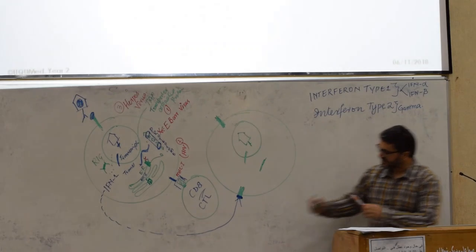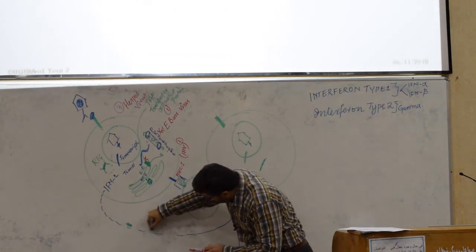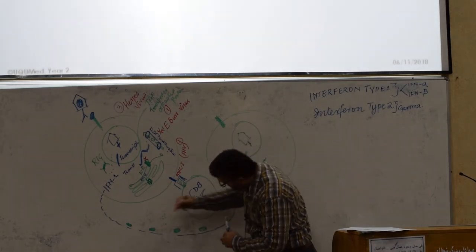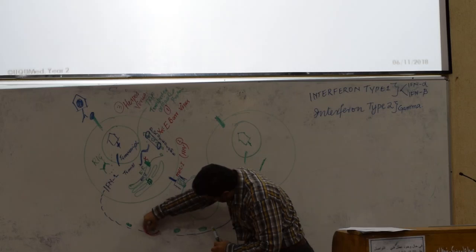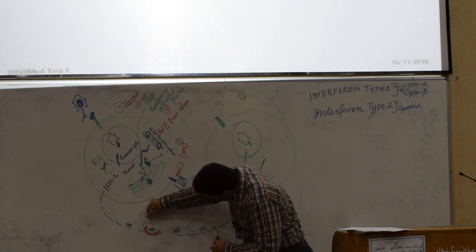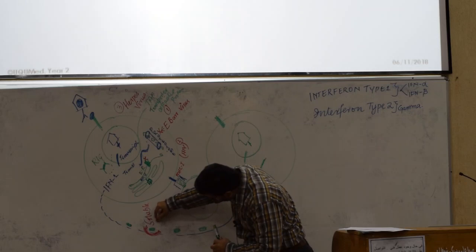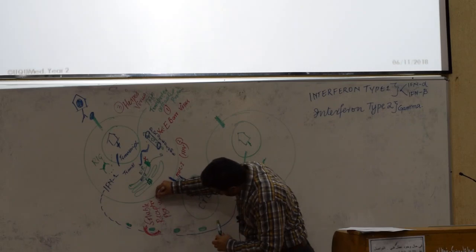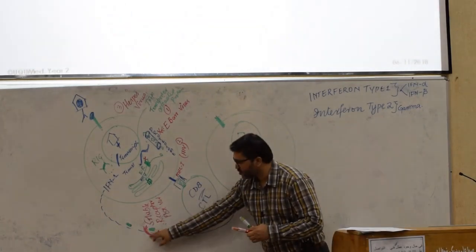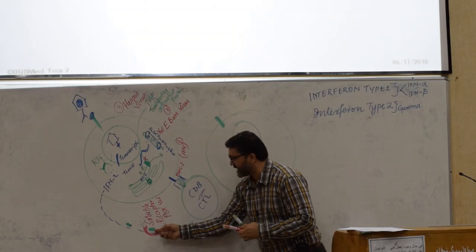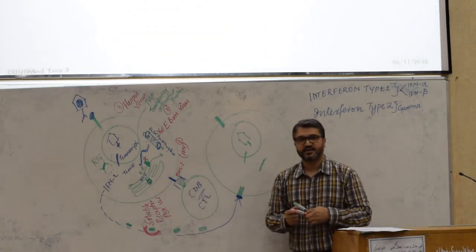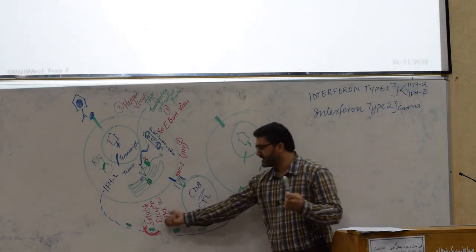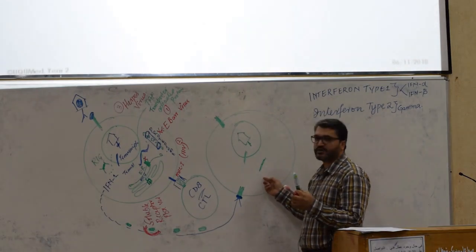So the interferon that is coming here, there are certain soluble receptors that can catch this interferon type 1. For example, pox virus will take it up and neutralize it like a sponge, so it cannot go and perform its function.